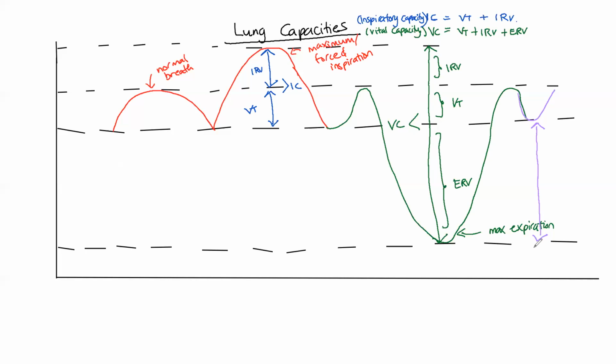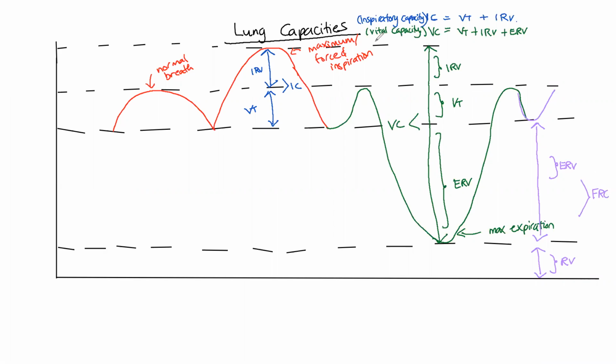And so that's going to include our residual volume as well. So our residual volume plus our expiratory reserve volume. And then both of these volumes here is our functional residual capacity.